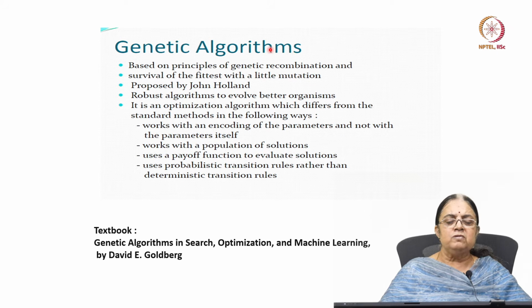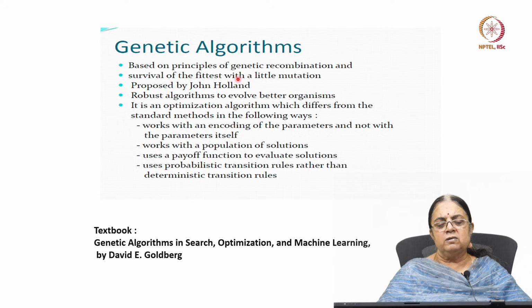The genetic algorithm is based on genetic recombination and survival of the fittest. Genetic recombination means if you have two strings, you are going to combine those two strings in some way to form two more strings. So you are combining them to get new strings. Survival of the fittest means once you evaluate the strings and get the fitness function of those strings, the string which has a higher fitness has a higher probability of being chosen.